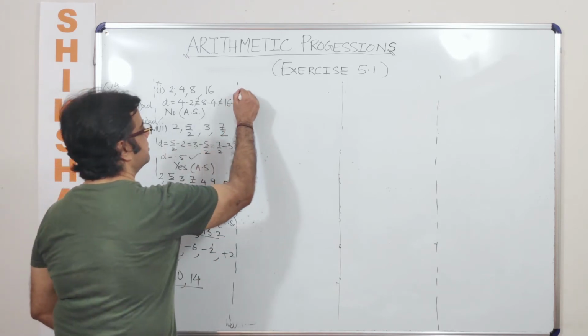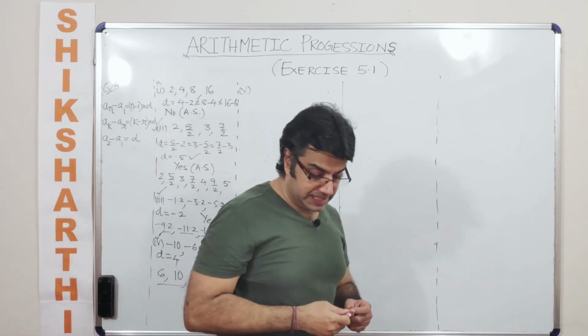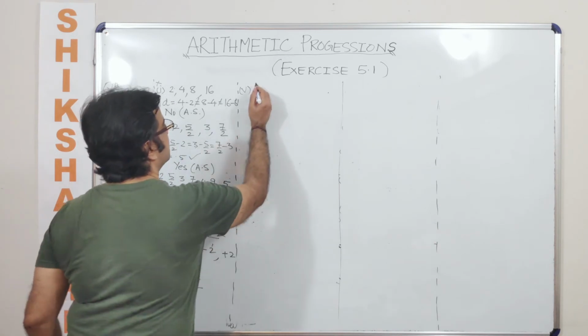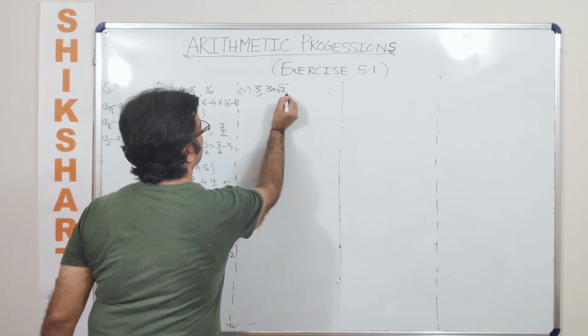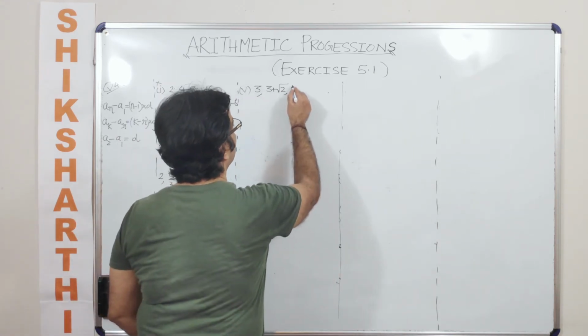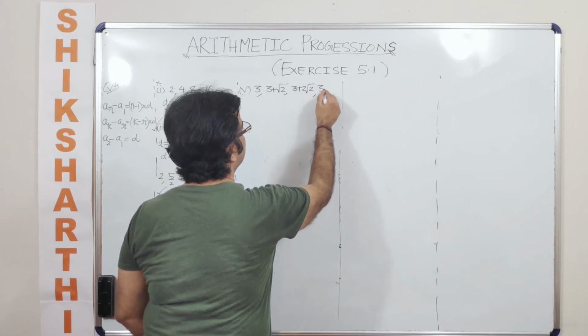Okay, next part, which is subpart 5. Now the subpart 5 says 3 plus root 2. Okay, 3, next is 3 plus root 2, next is 3 plus 2 root 2, next 3 plus 3 root 2.